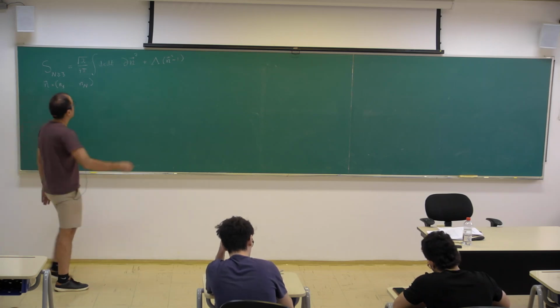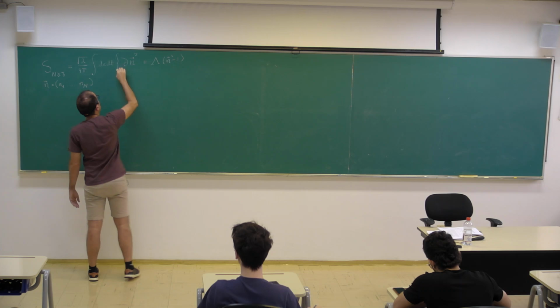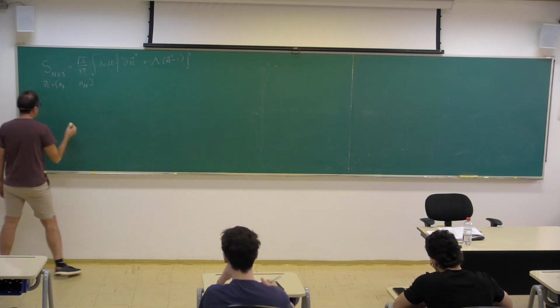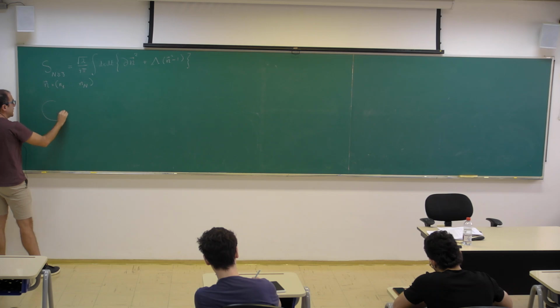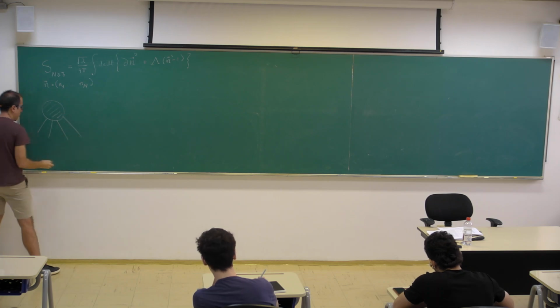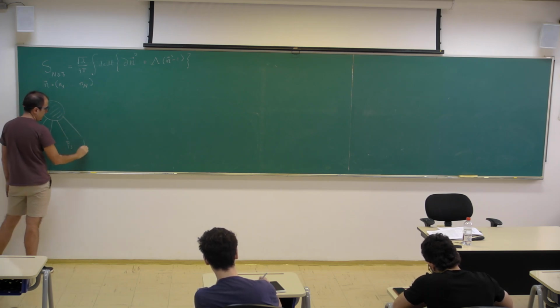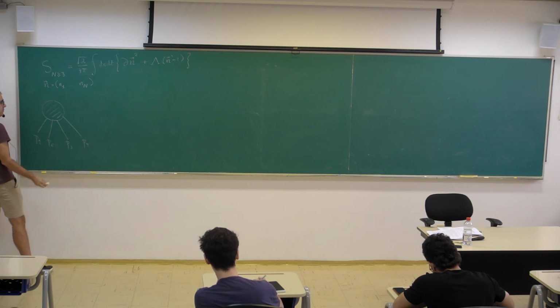Okay? And so the question is, I have this theory. What would an experimentalist see? If I do an experiment and I send many particles with momentum P1, P2, P3, and P4. That's my experiment.